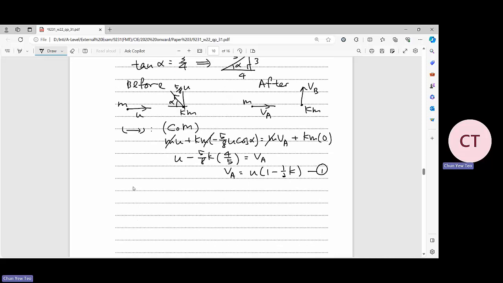After you use conservation of momentum, you can now apply Newton's experimental law, the law of restitution.